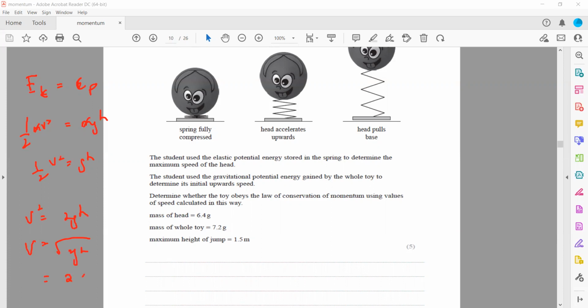So under root 2gh will give us the speed. So 2 times gravity, which is 9.81, and the height, as I mentioned in the question, the maximum height is 1.5 meter. We substitute, and we get the speed of the head, and because they move together, head and base will move together.